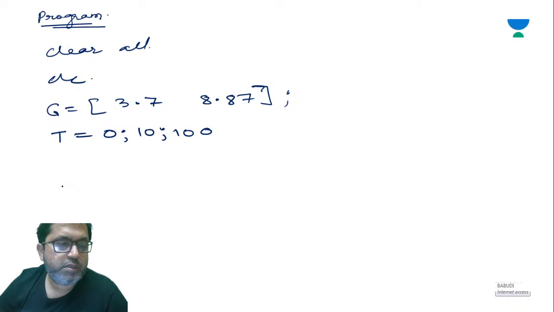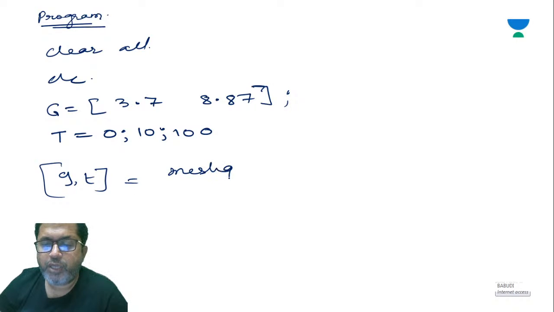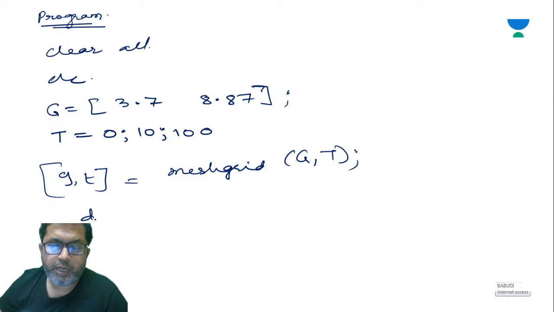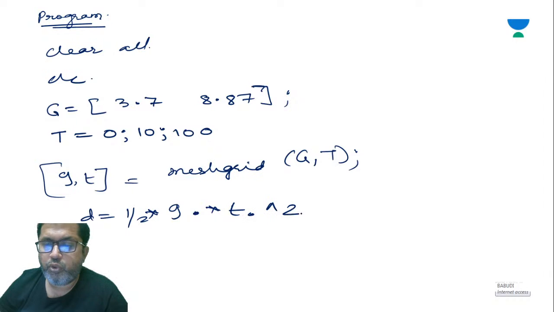So we'll map this g and t into two matrices. g comma time t is equal to meshgrid g comma t. d is equal to half into g dot star t, because g is now a vector, dot cap 2.